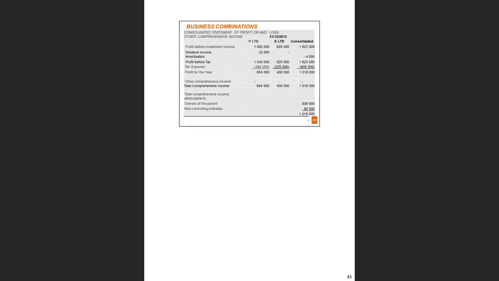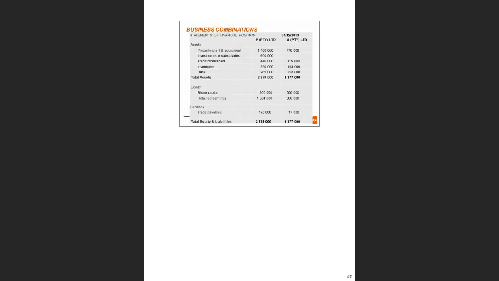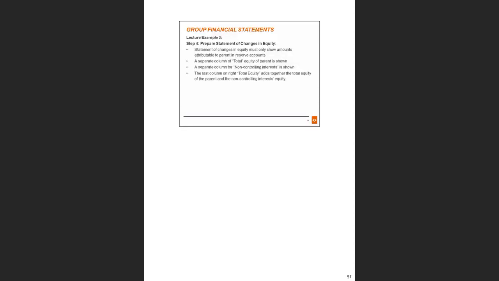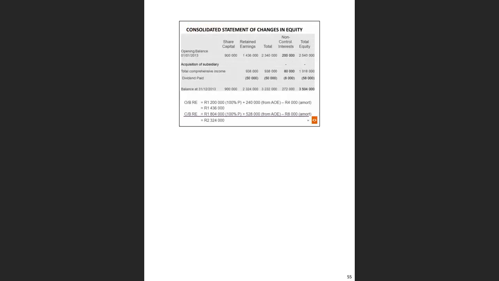Here you have your owners of the parent. So you have your total comprehensive income attributable to owners of the parent being 938,000, and you have your NCI being 80,000. So these amounts are then taken to the statement of changes in equity, and we are using those figures which we calculated previously.